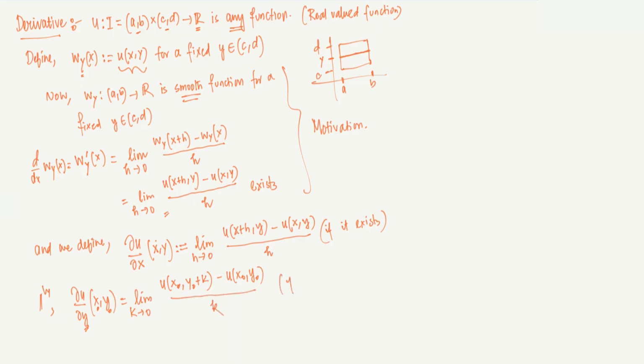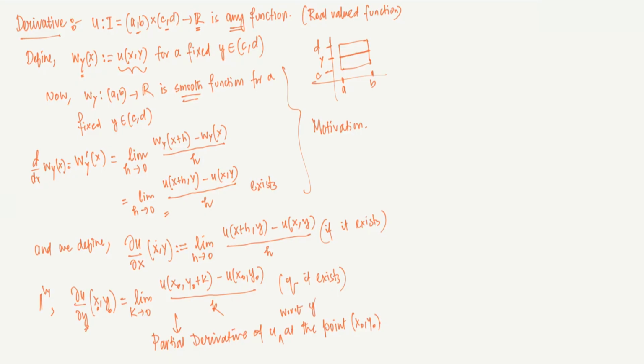Yes. So again, if this limit exists, then we call this the partial derivative of u at the point x naught y naught, or the partial derivative of u with respect to y at the point x naught y naught.